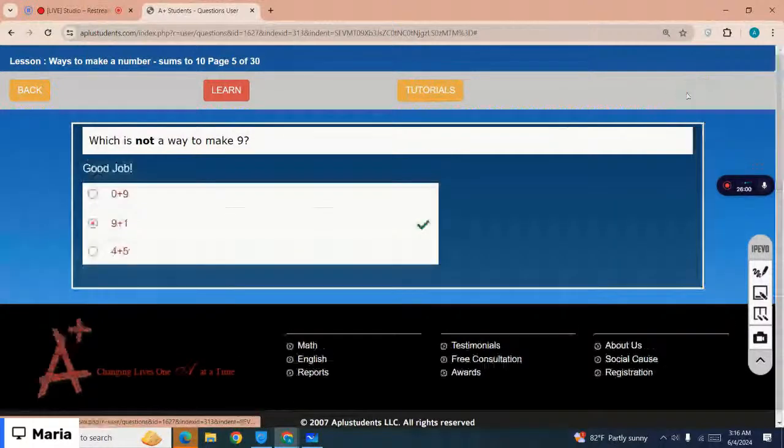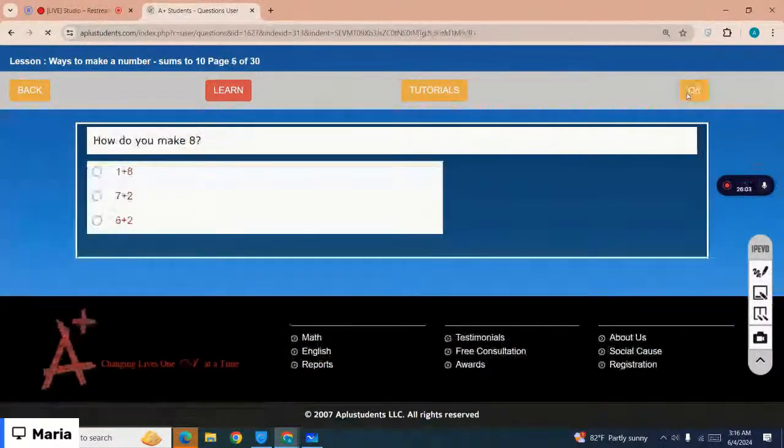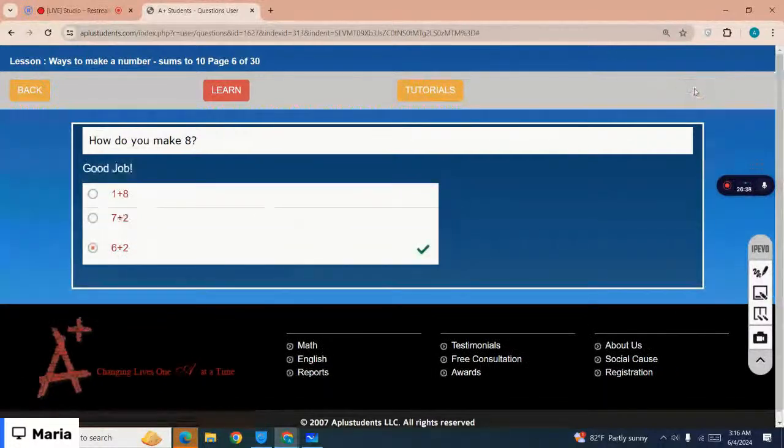That's the only option that doesn't make 9, right? How do you make 8, which is the correct option? Yes, that is the last one. 6 plus 2 is the correct option. That's the only option that makes 8.